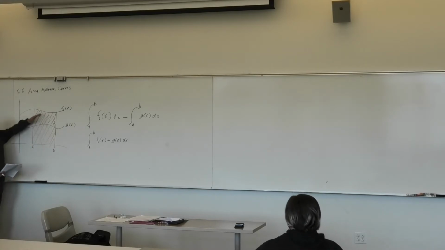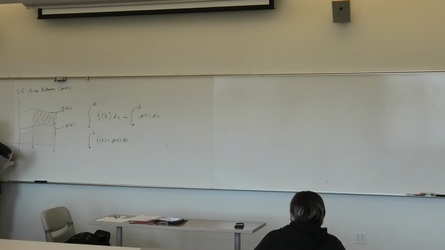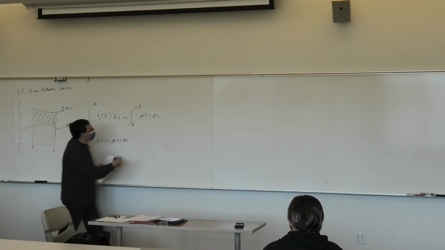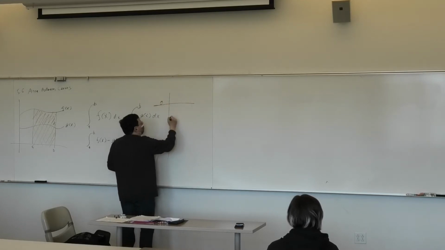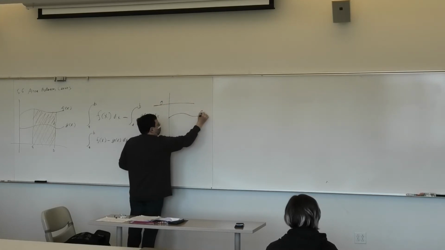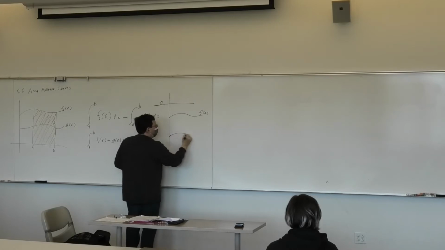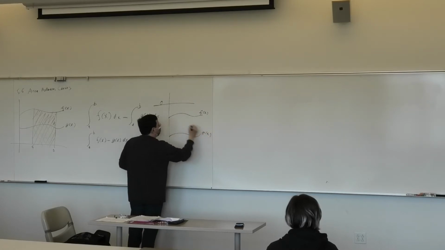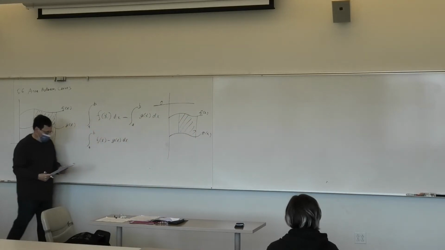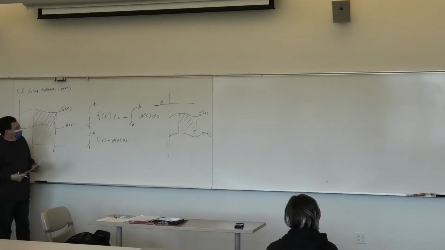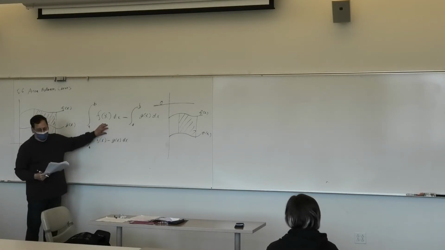Now, this is simple, but it brings up some questions. What happens if these functions aren't above the line? In other words, there's 0, and f of x is here, and g of x is down here, and we still want this same area. Will this still work?